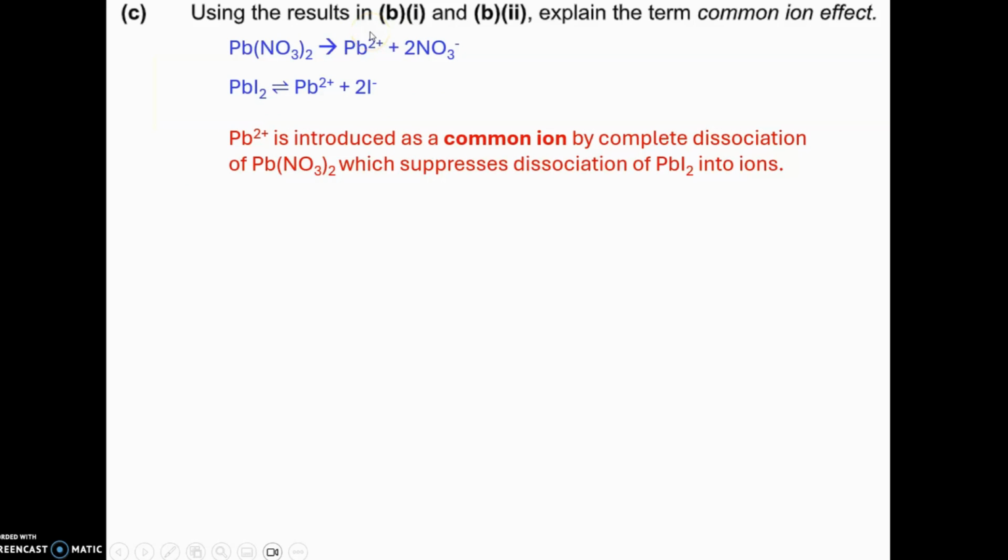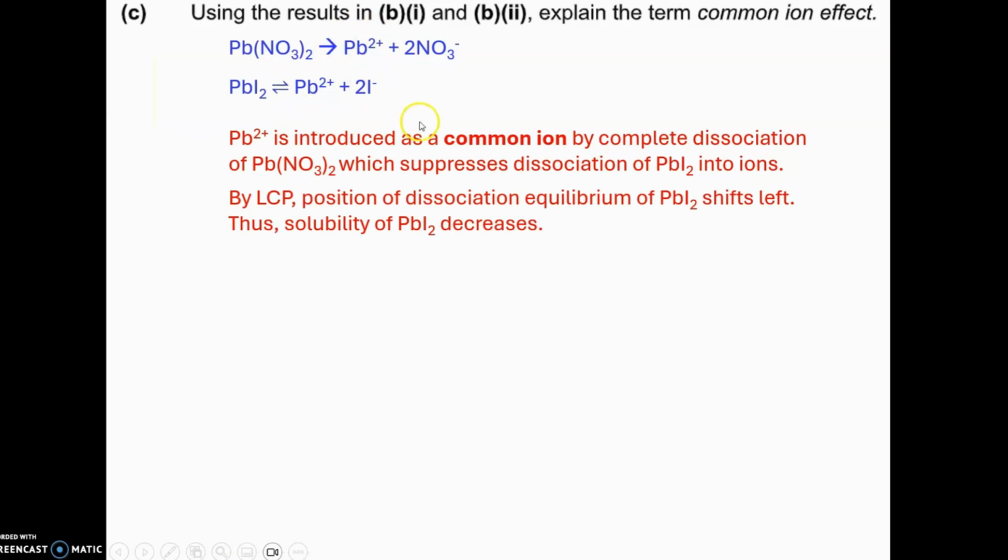And when there is a large increase in the concentration of lead-2 ion, the position of equilibrium of this dissociation equilibrium of PbI2 will shift to the left as predicted by Le Chatelier's principle. So we will say that the dissociation of PbI2 into ions has been suppressed by the common ion Pb2+, which results in the solubility of PbI2 in lead-2 nitrate solution being lower than the solubility of lead-2 iodide in pure water.